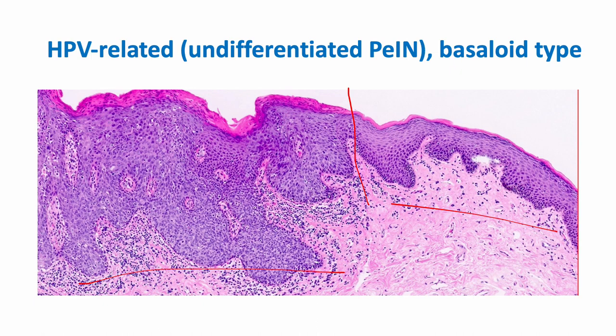In the non-neoplastic epithelium, we can appreciate maturation, so the nuclei of the keratinocytes become smaller as they reach the surface. However, in the neoplastic cells, there is loss of maturation, and everything looks the same from the basal layer to the top. So we have larger nuclei on the surface here as well.